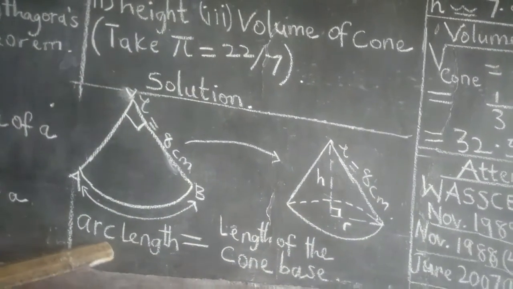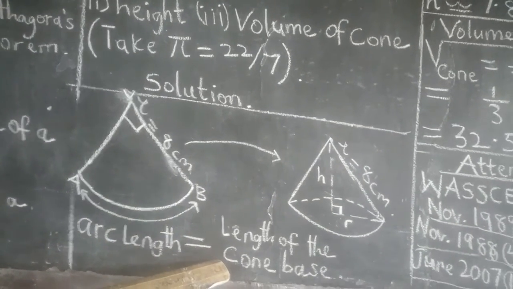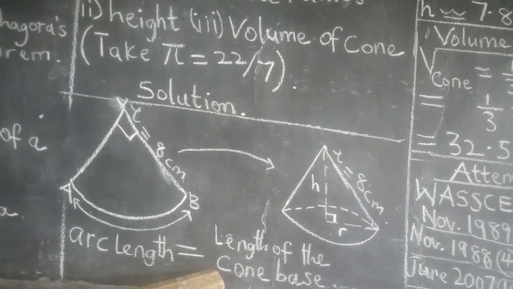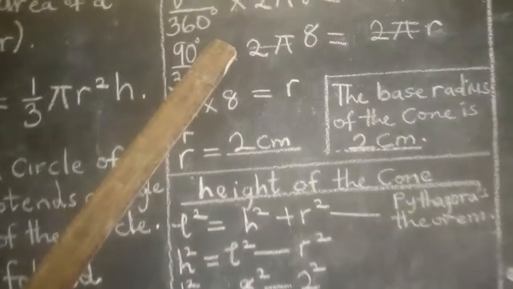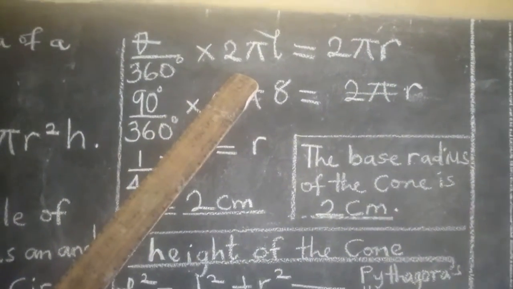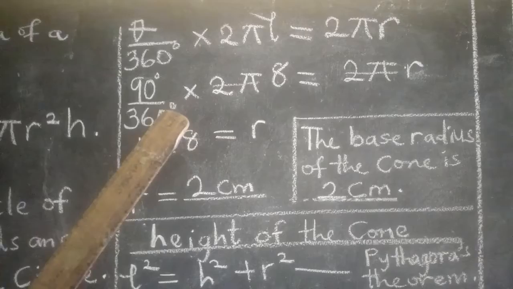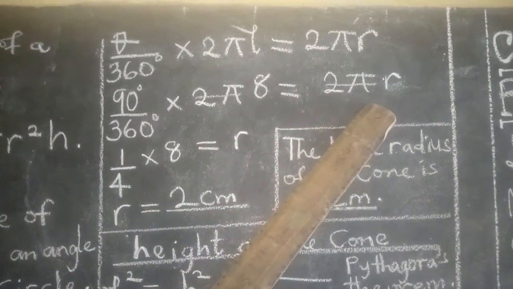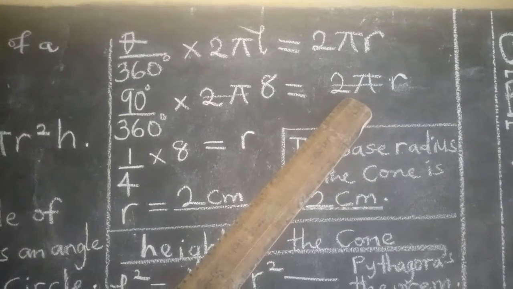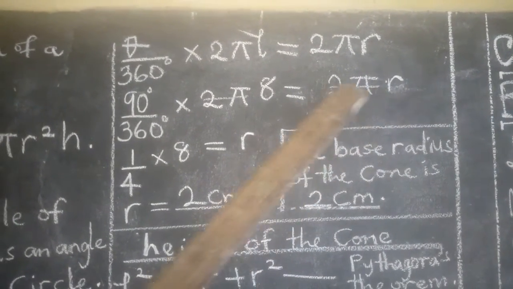Now to the property which says arc length is equal to the circumference of the cone base, which we had talked about earlier. So this results in theta over 360 degrees times 2 pi L is equal to 2 pi R. We input the values carefully. 90 over 360 degrees times 2 pi times 8 equals 2 pi R. Since 2 pi is common to the two sides, this cancels.